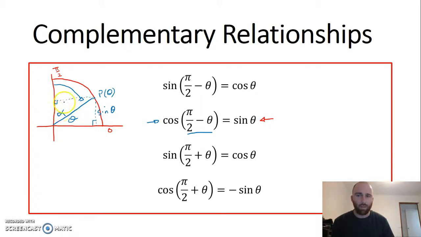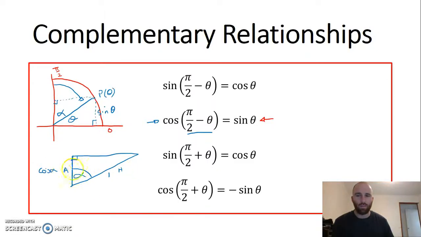And if I think about these sides in that triangle right there, I've got to draw that separately over there. That's our right angle. Our hypotenuse is 1, remember it's a unit circle. This side here is our adjacent, and if this is our hypotenuse, we can use the cosine function.